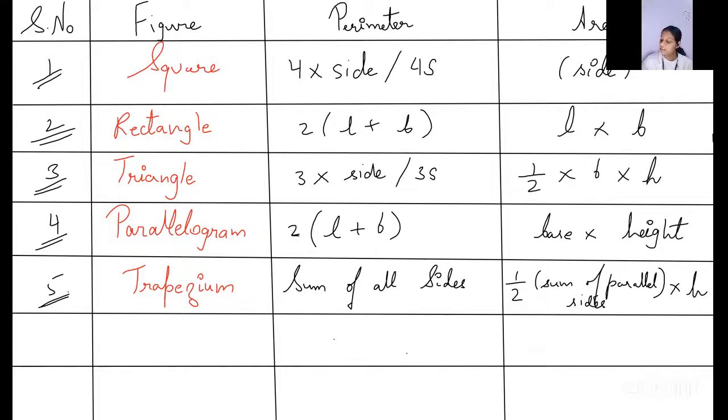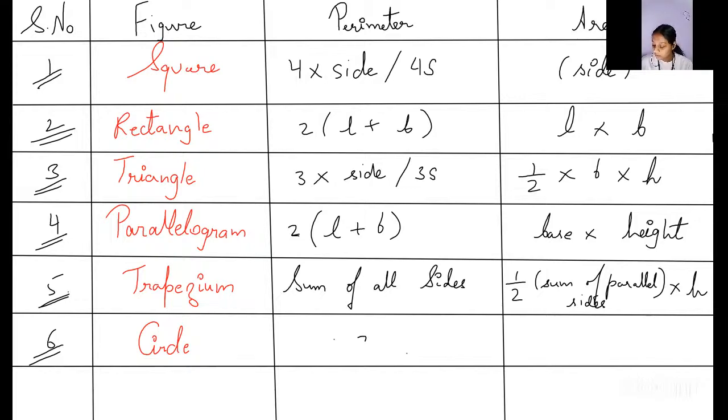Then what do we have? We have circles. What's the perimeter of a circle? Ma'am, 2 pi r. 2 pi r. That's right.